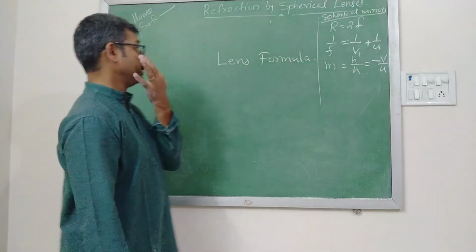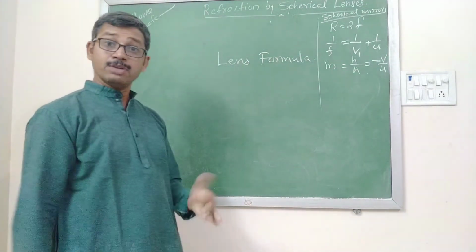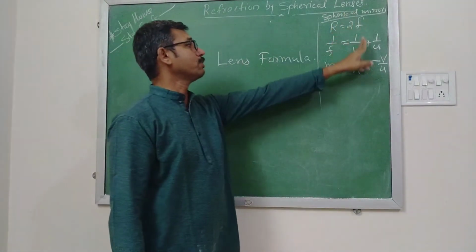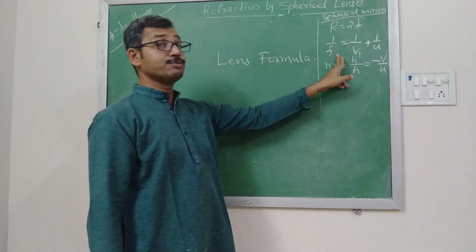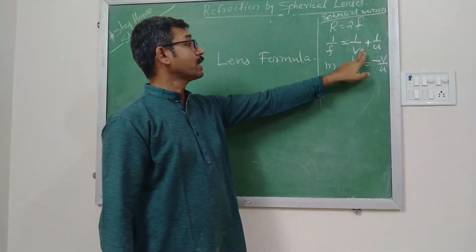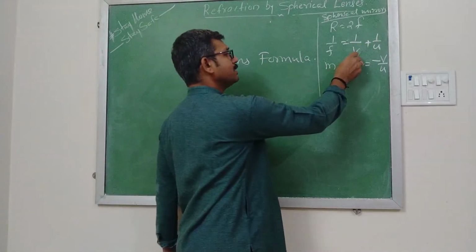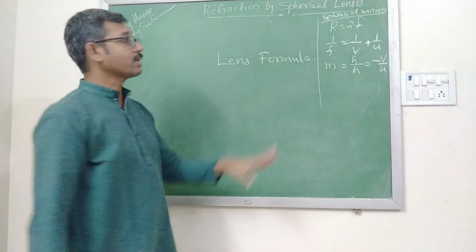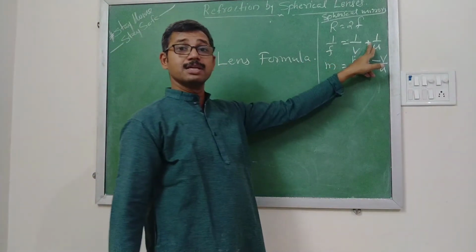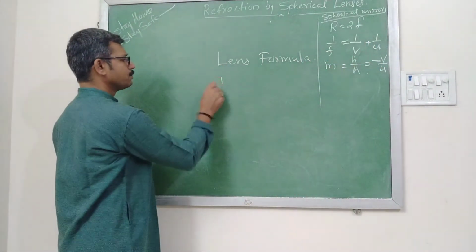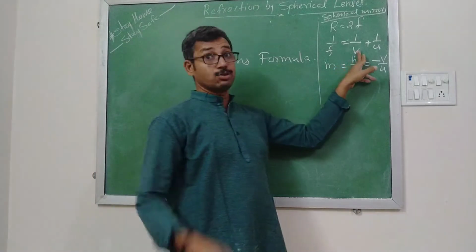Okay, take it. Now the lens formula. The spherical mirror formula is 1 upon F is equal to 1 upon V plus 1 upon U. Now here the only difference is that in place of plus, here it is minus. Very simple to remember. I also told this yesterday.